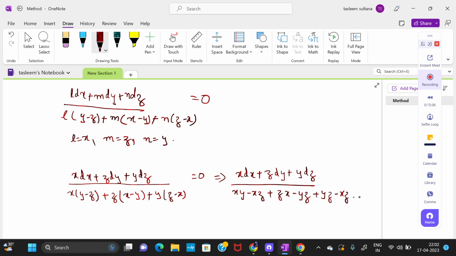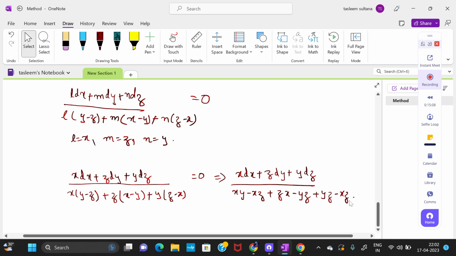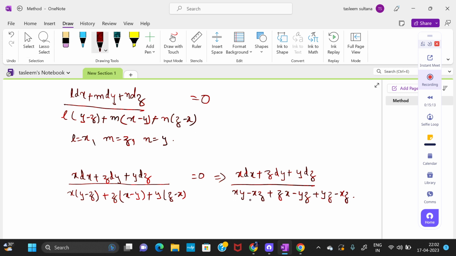We have written the functions, right? Minus xy. I'm not able to see one more xy over here.